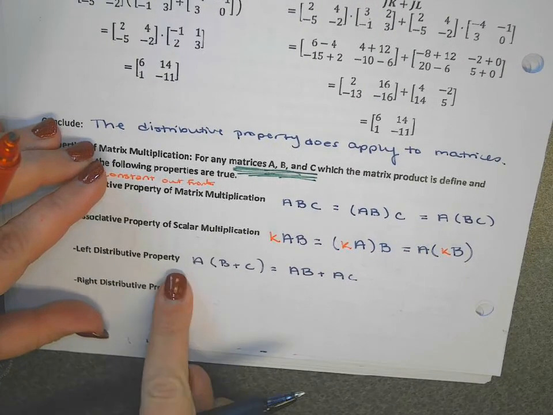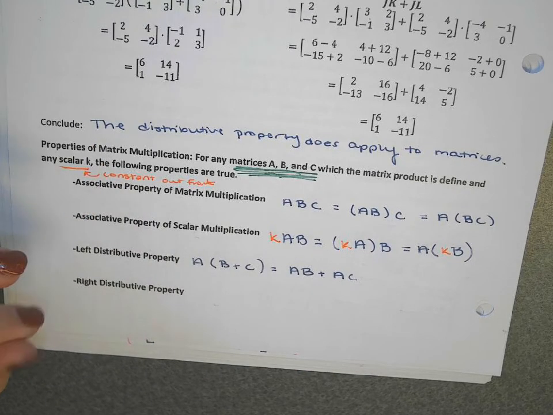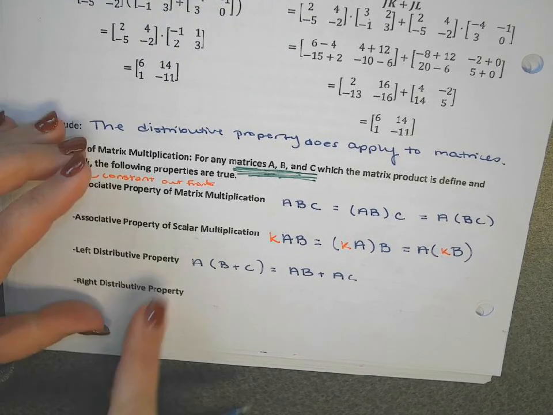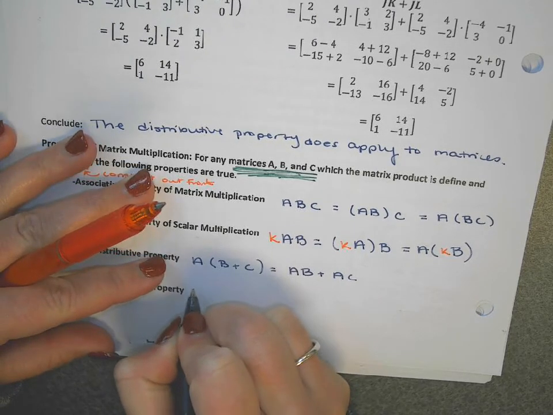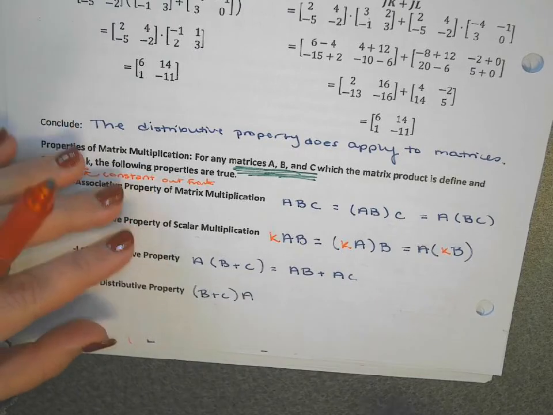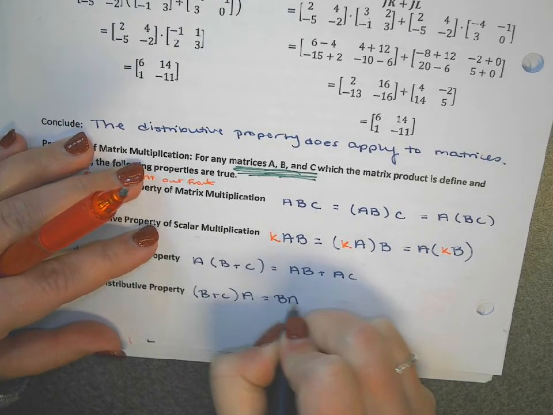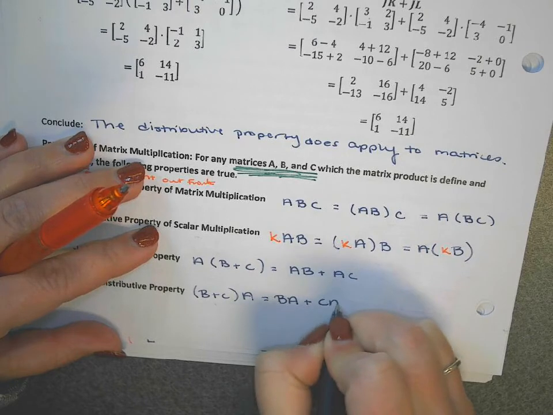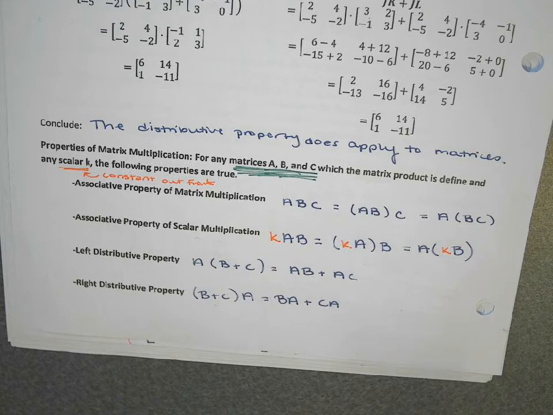So if you wanted to distribute it, you'd have to keep A in front of both of those. Does that make sense? Because it was on the left side. Similarly, if we had B plus C times A, like this, and you wanted to distribute that A in, A would have to remain on the right side of both of those matrices. Okay, and that's what it means when we are distributing, is you cannot change the order still.